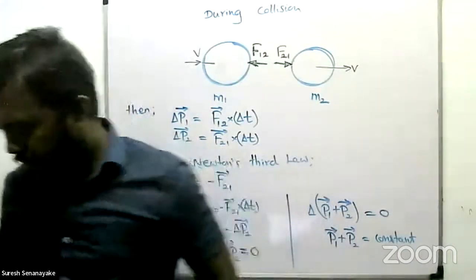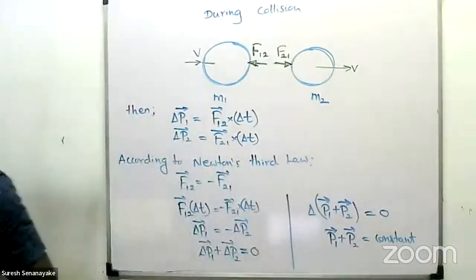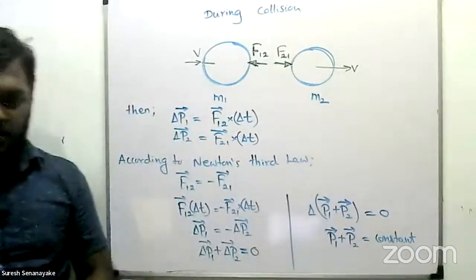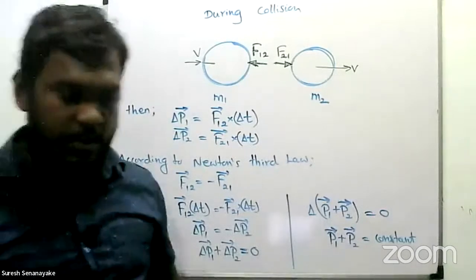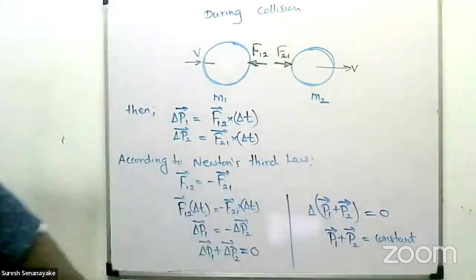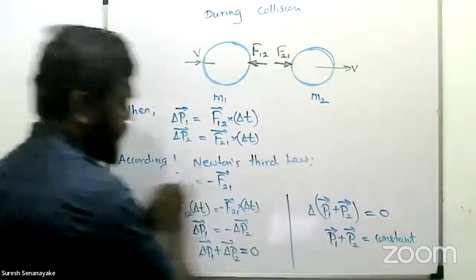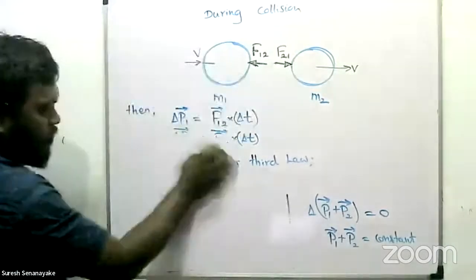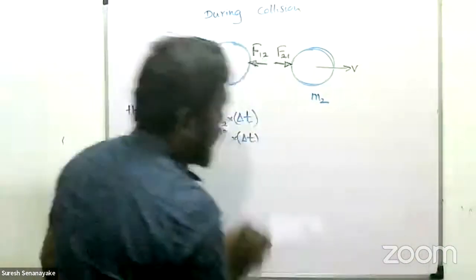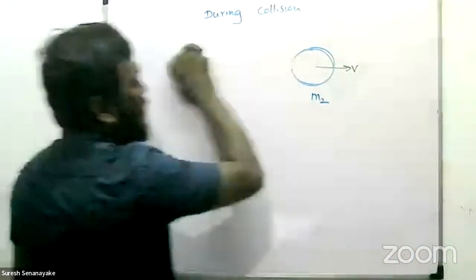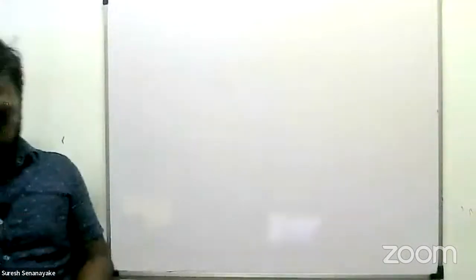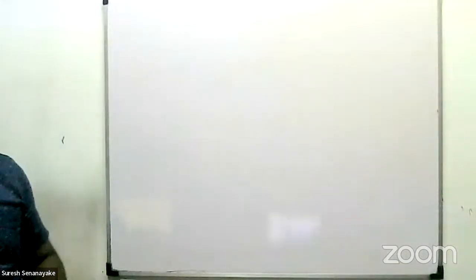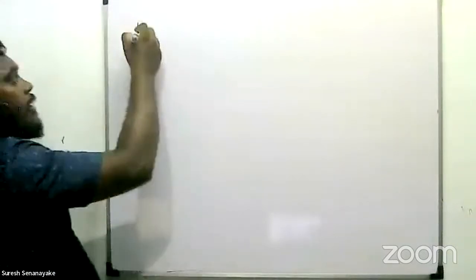Based on this, you can categorize collisions into two types. So you can write the topic, the types of collision, right? Under that, the first type is elastic collision.